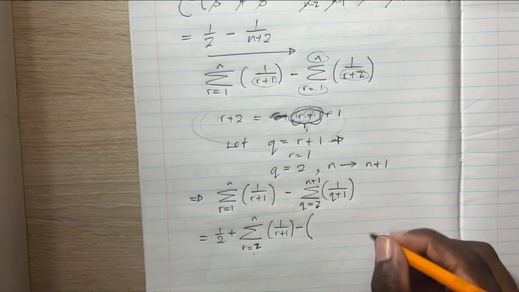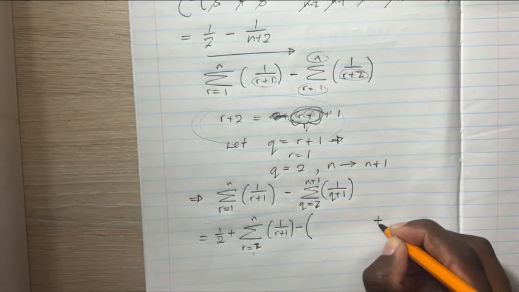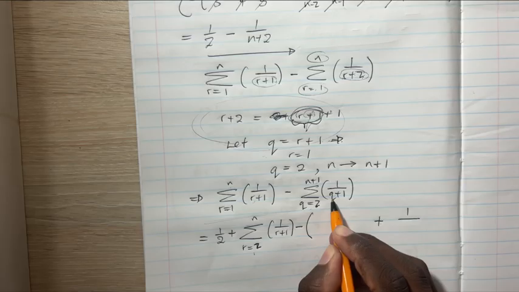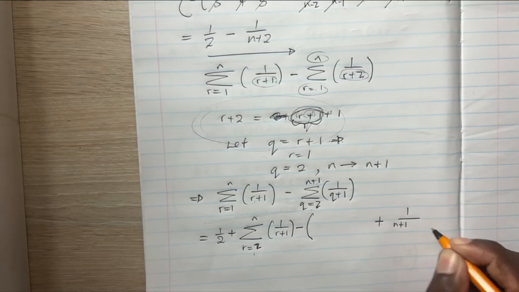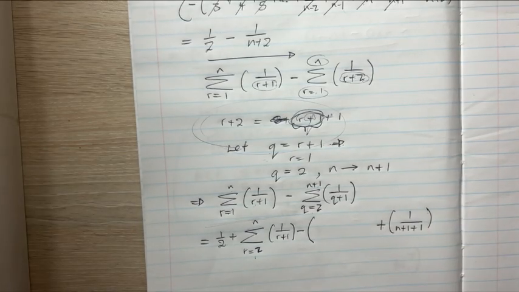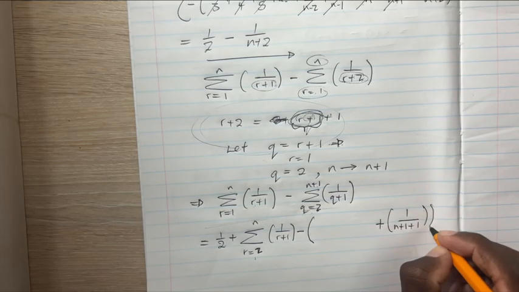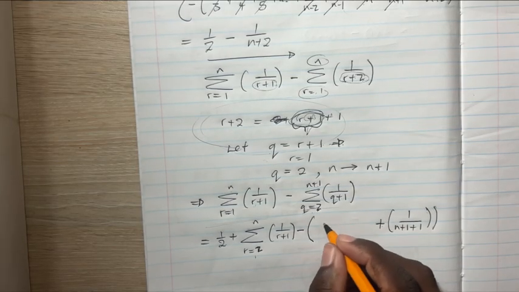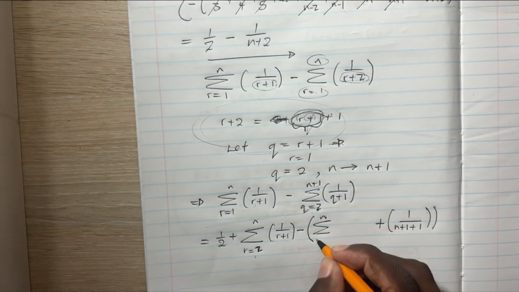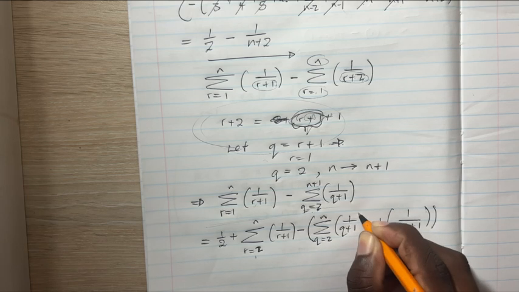Let's deal with that. We're going to have the last term. That's going to be the last term. So that's 1 over n plus 1 in the place of q. We're going to put n plus 1 plus 1. That's that last term. And then what's left over after we've removed the last term? What's going to be left over is sum up to n, because we've removed the last one, which was n plus 1. Q equals 2, 1 over q plus 1.